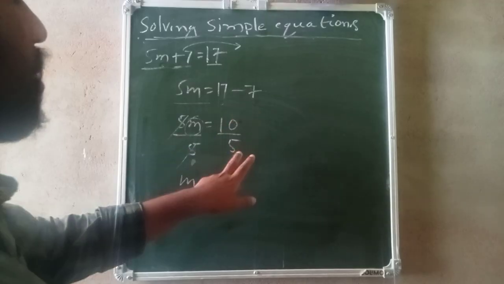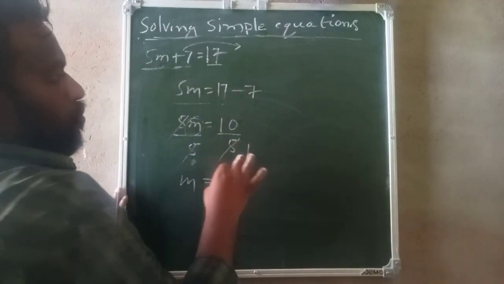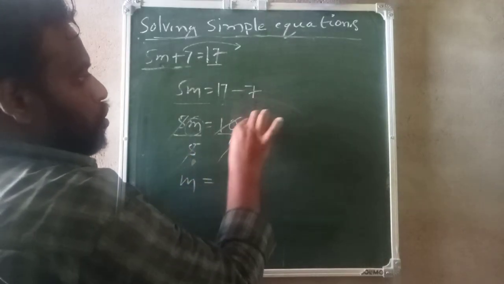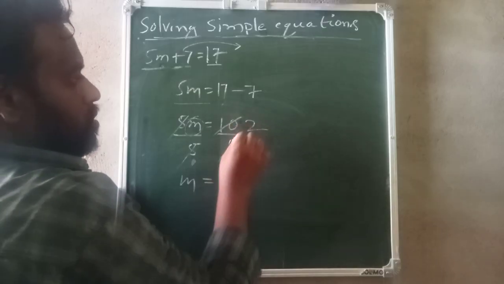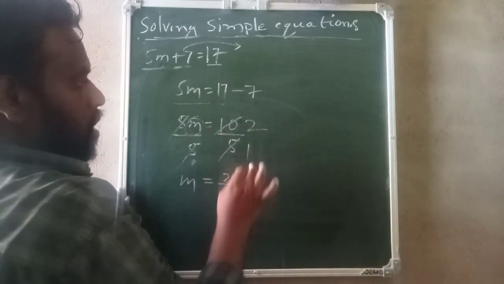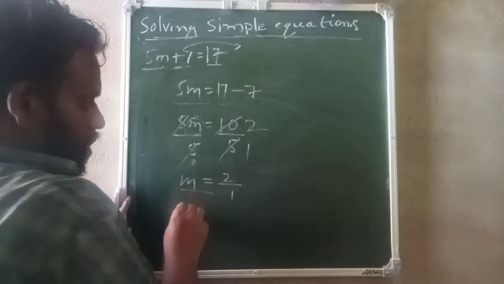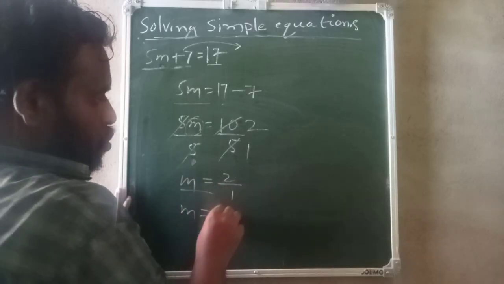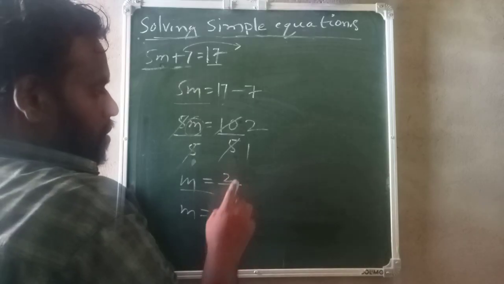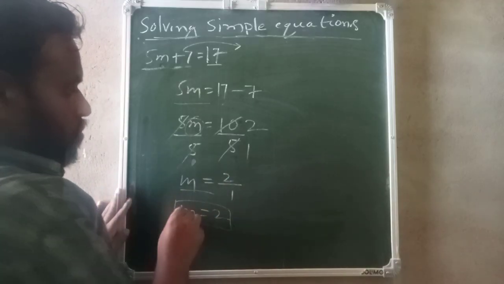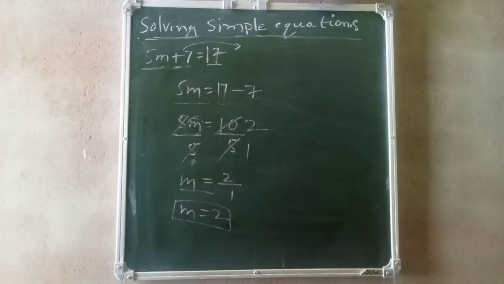So divide 10 by 5. 5 ones are 5, 5 twos are 10. So 2 and this 1. Next step, m is equal to 2 by 1 is 2, because any number divided by 1 gives the same number. So we got m is equal to 2 as the answer.